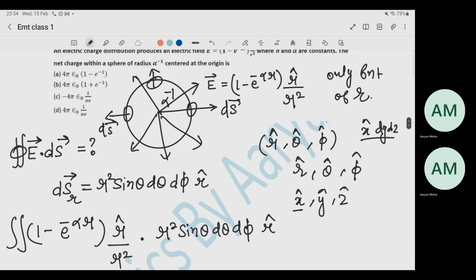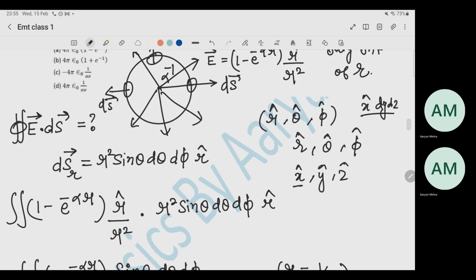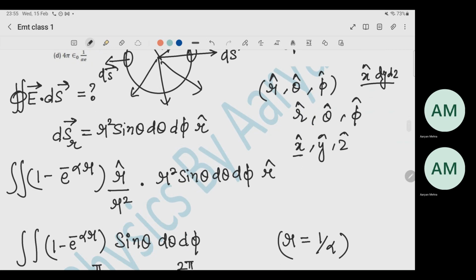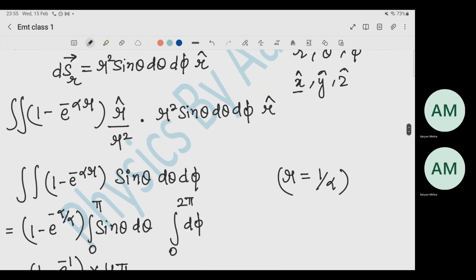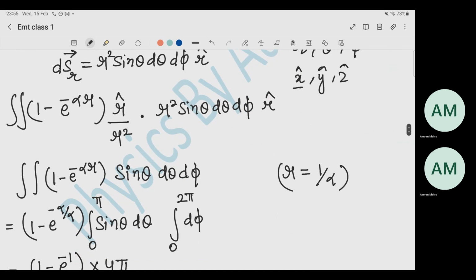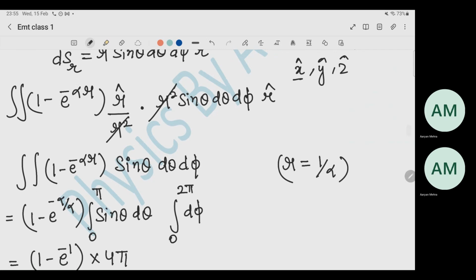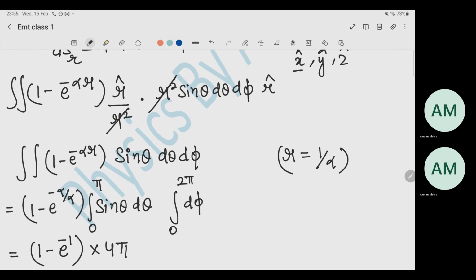So now E I have written as (1 minus e raised to minus alpha r) r cap by r squared, which is given, dot r squared sine theta d theta d phi r cap, right? So just a very simple integral. This r squared and r squared will cancel each other, leaving 1 minus e raised to minus alpha r, sine theta d theta d phi.